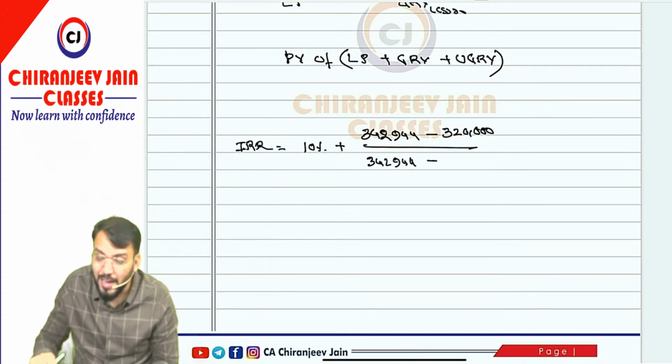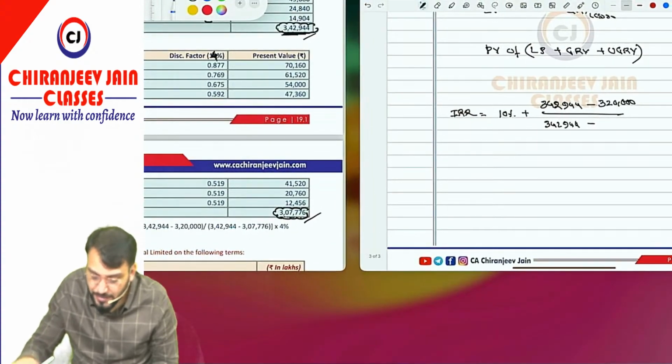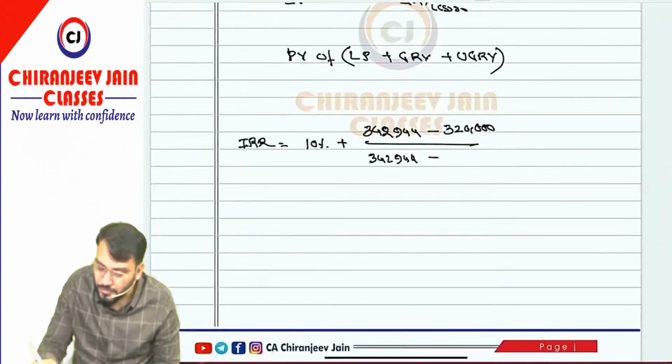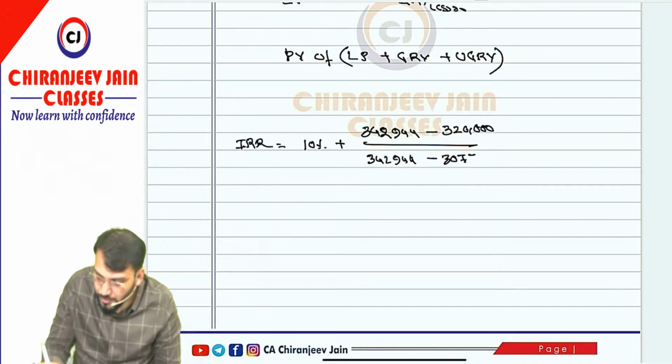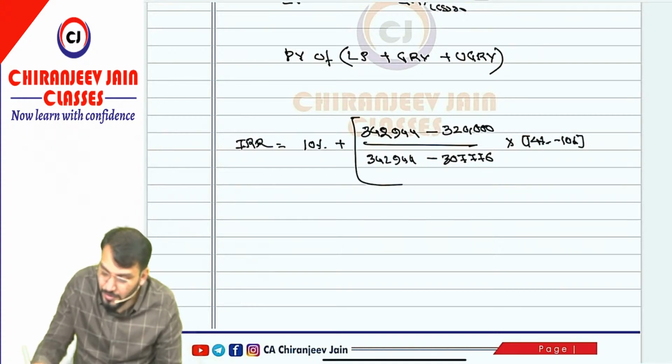Then present value at higher rate of interest, that is 3,07,776, into the differential in rate of interest, that is 14% minus 10%. If you solve this, you will get IRR.